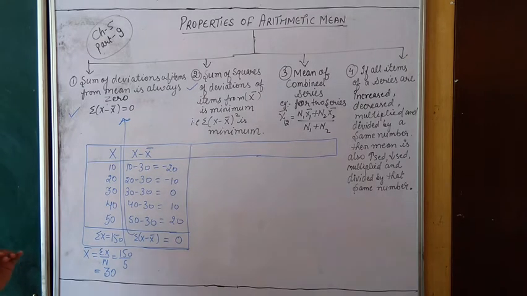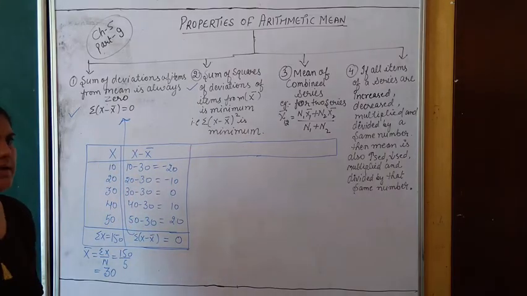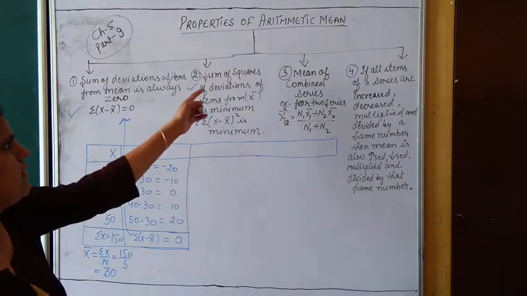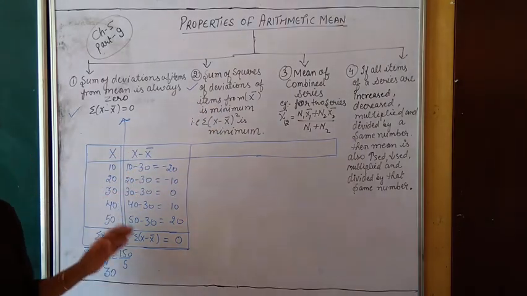Then I will tell you how I will use the same in the proof of the second property, which is that the sum of the square of deviations of items from x bar is minimum. How will I prove this statement?